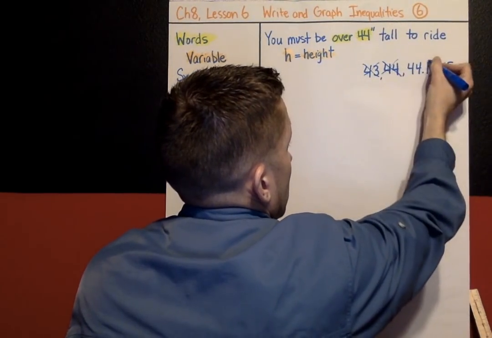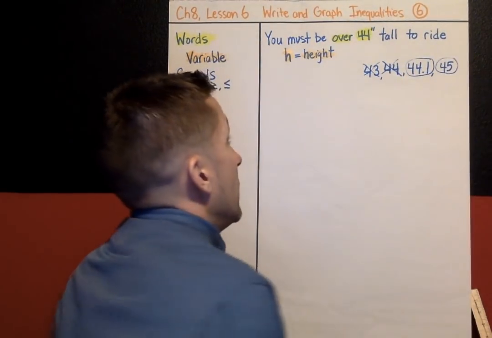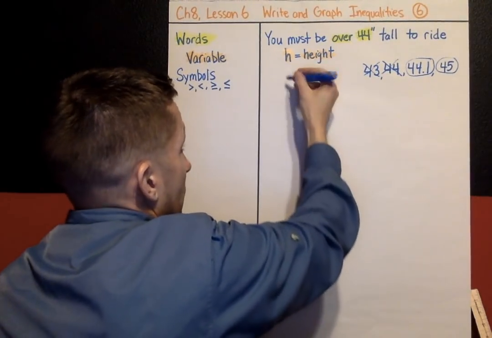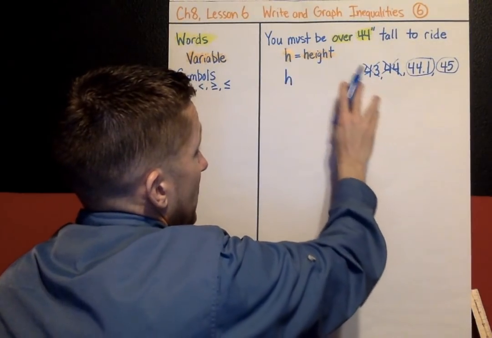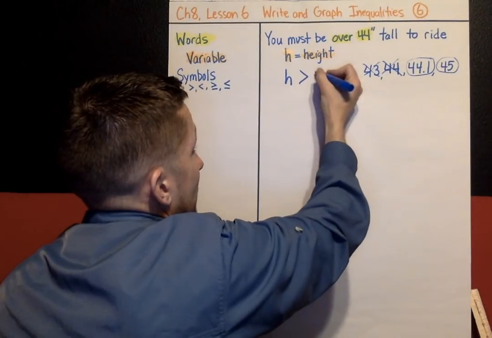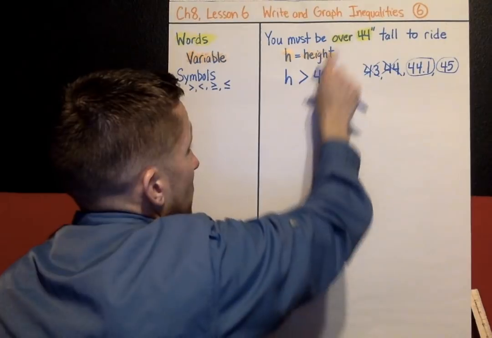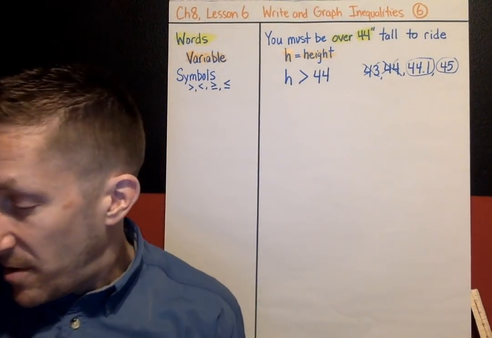So these kids are going to get on the ride. It's going to work. So now I'm going to write an inequality. Your height has to be over 44 inches tall. Your height has to be greater than 44 inches. This translates from that scenario, those words.